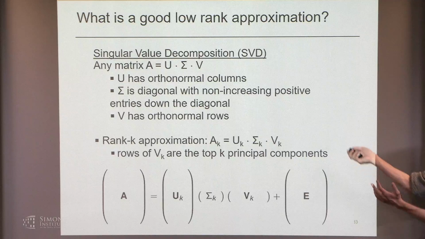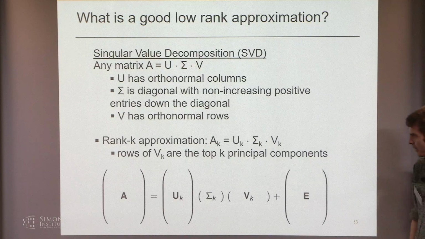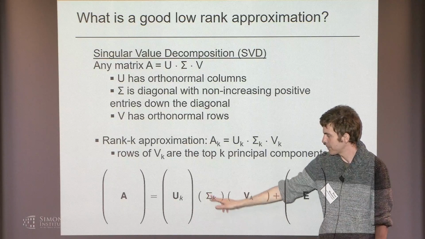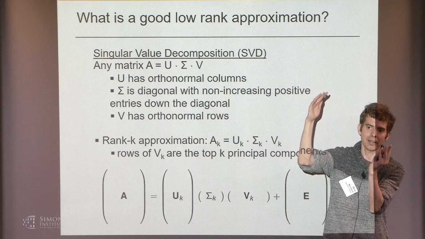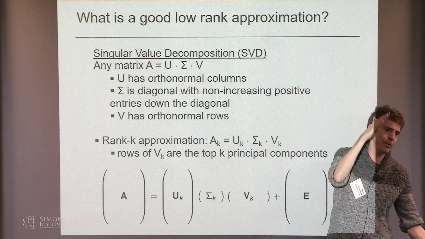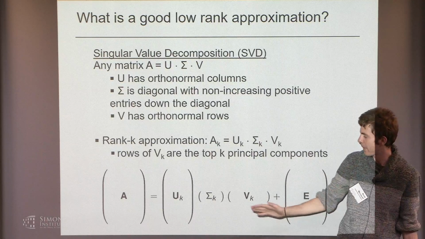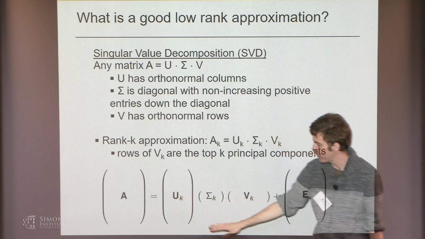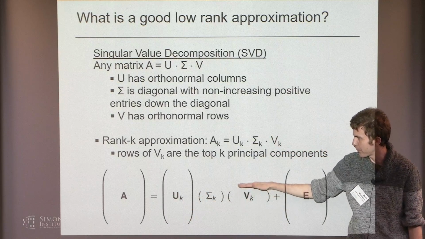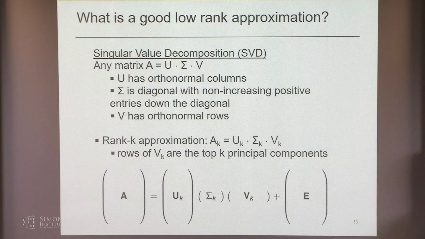Well, I compute the SVD, U sigma V, and then I just take the top k entries in sigma. Recall that they're non-increasing as I move down. I take the top k, I leave them alone, and I zero out everything beyond that. So sigma k only has k non-zero entries, effectively selecting the k leftmost vectors of U and the k uppermost vectors of V, which are called the top k principal components, and I get some error matrix.